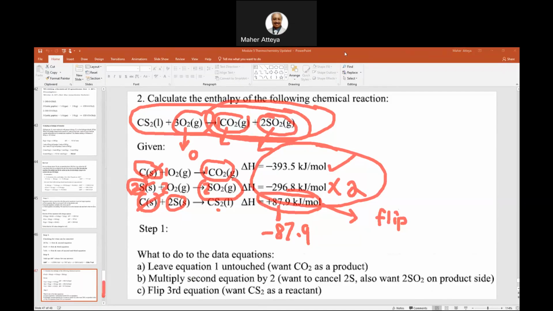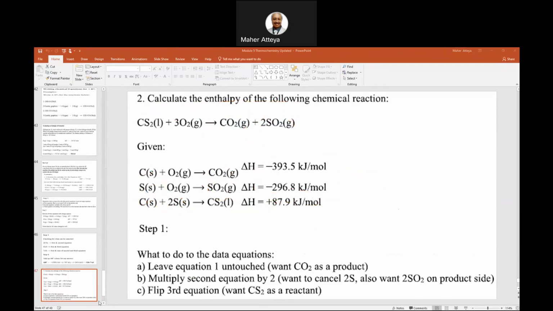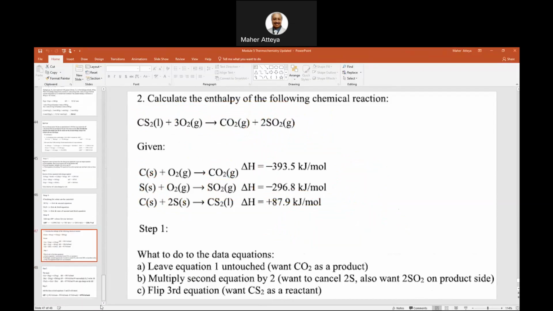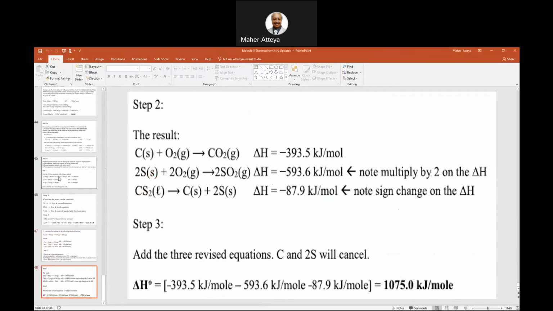And let me just take this one here. That's what we did. So the first one, we kept it as is. The second one, we multiplied by 2 because we have 3 oxygens. We flip the other one so we can cancel the sulfur with sulfur, correct? And carbon with carbon.